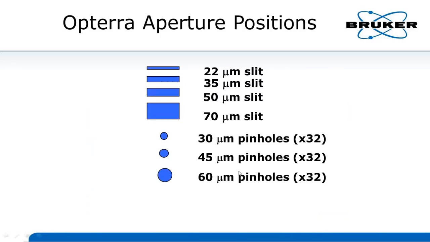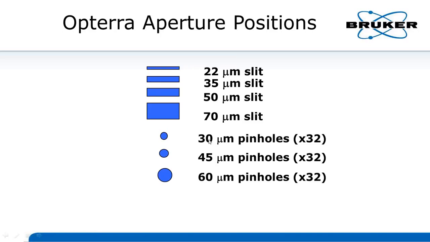These are the different aperture positions that are available on the system. There's a 60 micron pinhole, 45 micron pinhole, and 30 micron pinhole, and then 70, 50, 35 and 22 micron slits. And this is one of the advantages of the system, that you can pick the appropriate aperture for the application requirements.